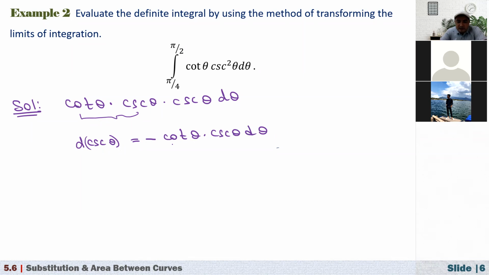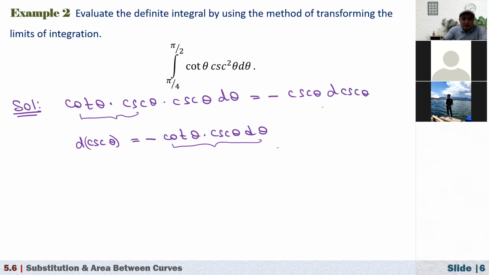Okay, so now instead of this one, I can just write minus d cosecant of theta. So that's equal to minus, and here we have cosecant of theta times d cosecant of theta. I'll make this substitution. That's the first one. And how about, actually, if I need to have cosecant, right?